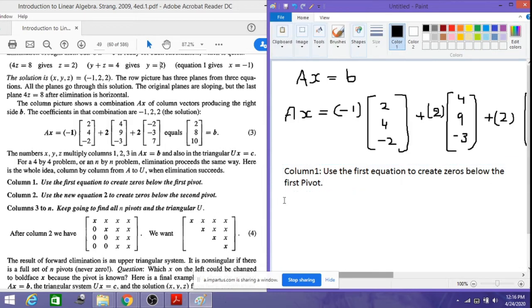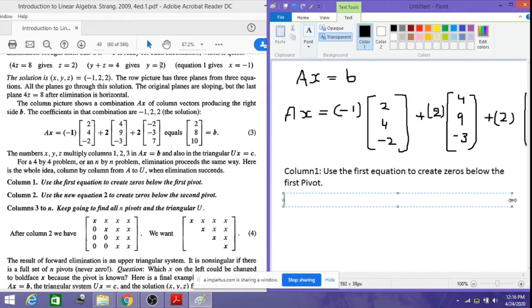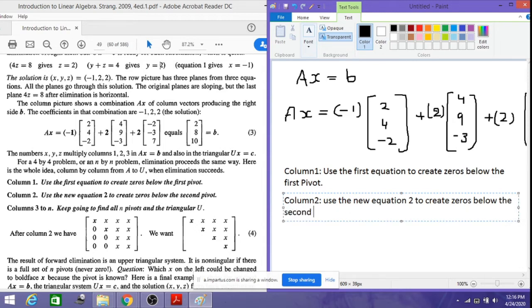The second is column 2, use the new equation 2 to create zeros below the second pivot.